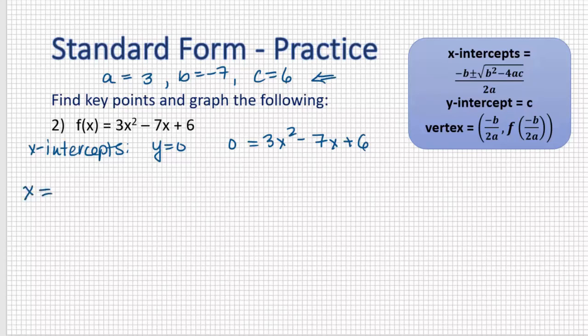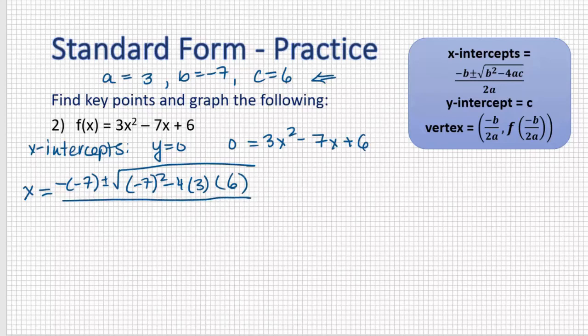So x is equal to -7 plus or minus the square root of -7 squared minus 4 times a, or 4 times 3, times c, which has a value of 6, and all of that is divided by 2 times a, or 2 times 3. So x is equal to 7 plus or minus the square root of 49 minus 72, all divided by 6.